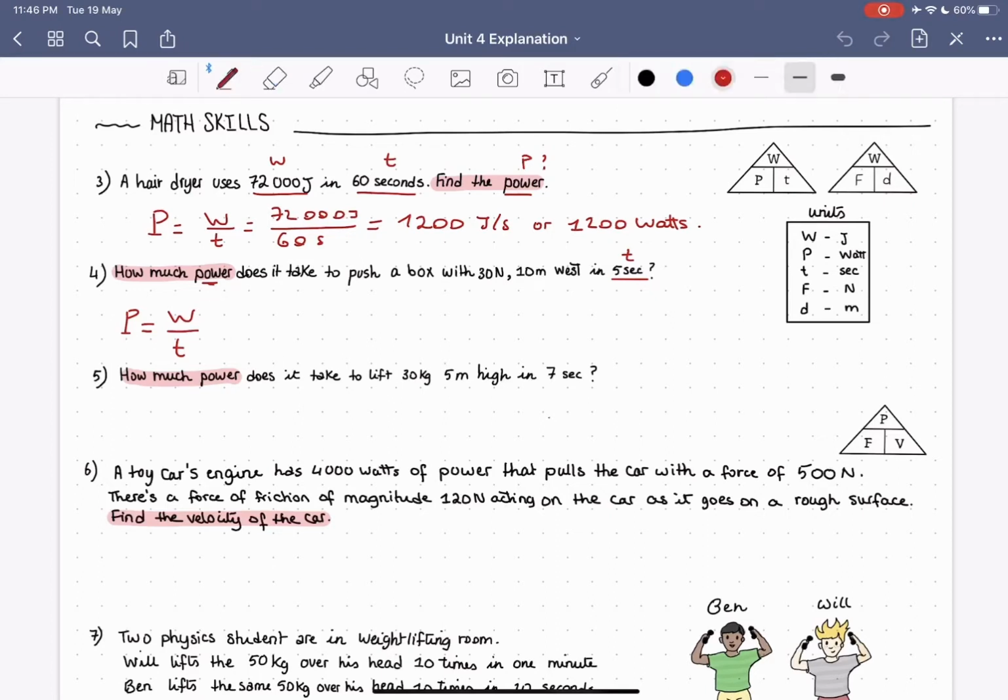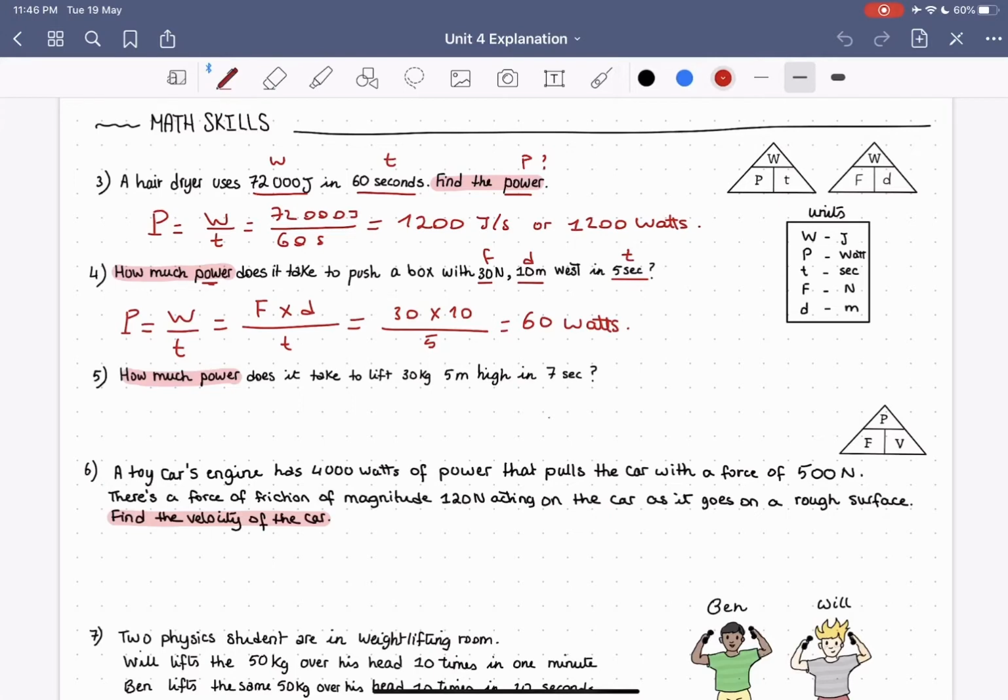However, we have the distance and the force given. Since work is equal to force multiplied by distance, it's 30 times 10 over 5, and so the answer for the question is 60 watts. So now we use the second triangle in order to get the power.